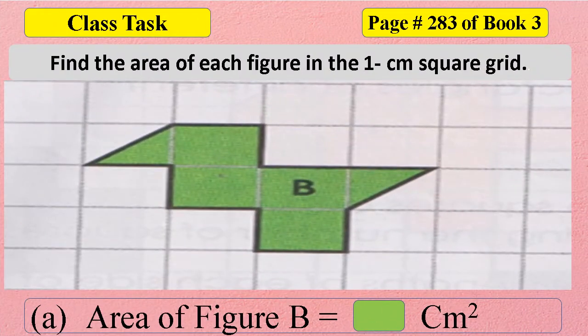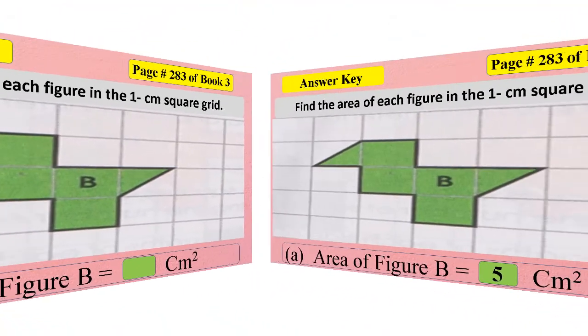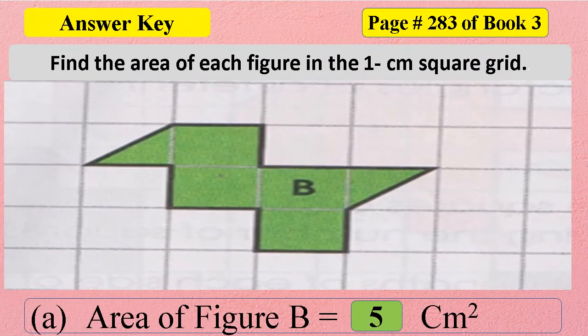Now we do the remaining part B of page number 283 of book 3. You see the figure B here of the green color.